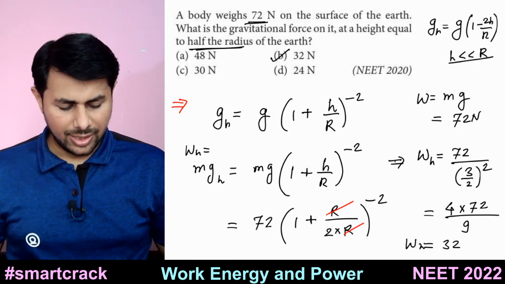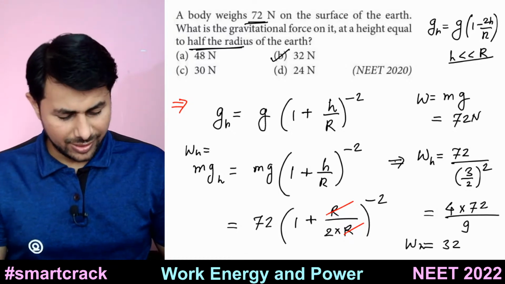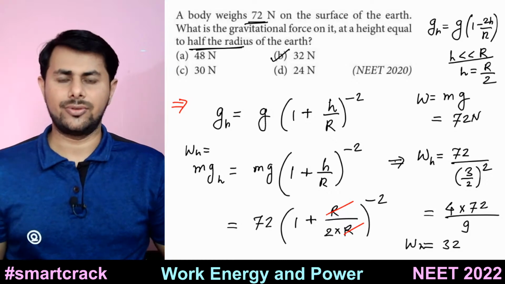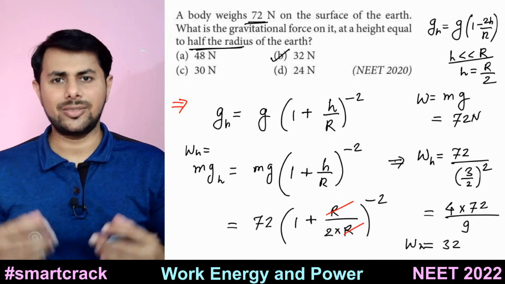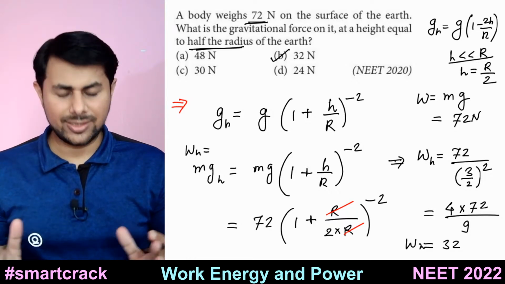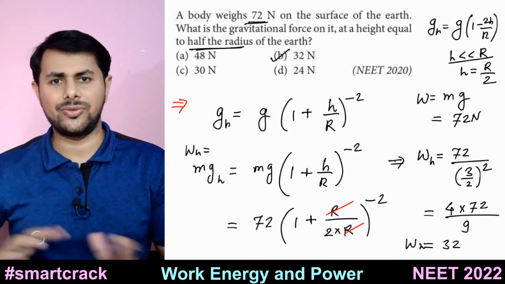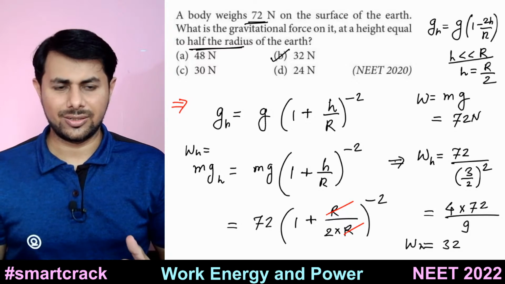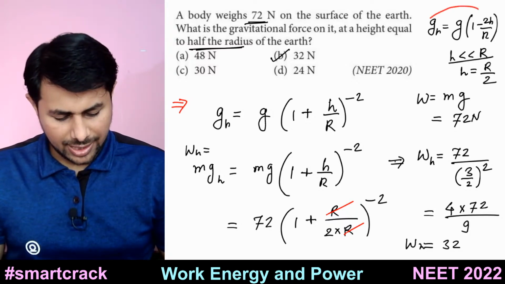But here, h is comparable to R. The height is equal to R divided by 2. It's 50%. Half of R is 50%. The formula is applicable up to 5%, 10% at max. It will give you approximately good results. This is an approximate formula.